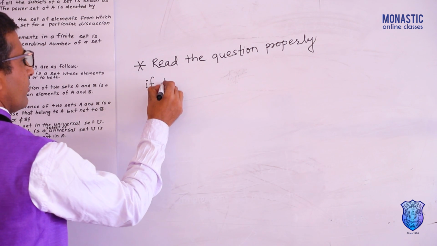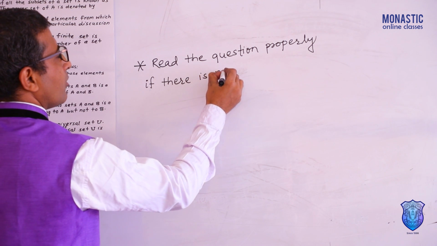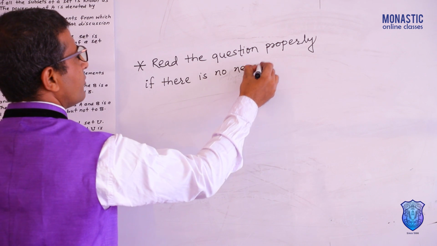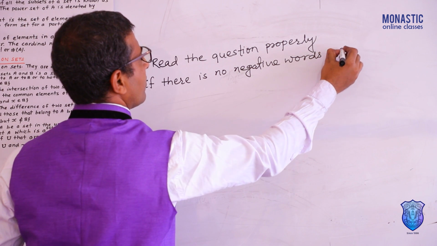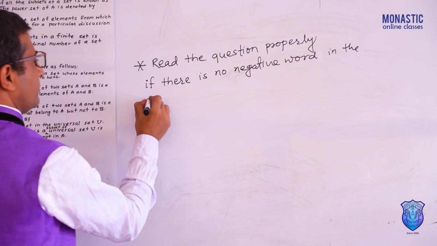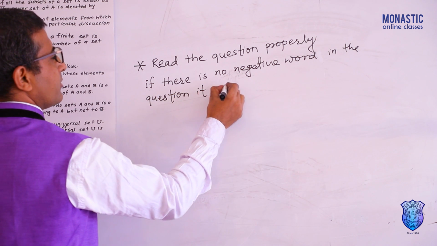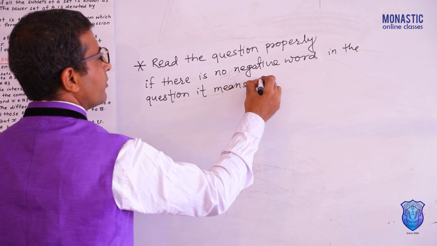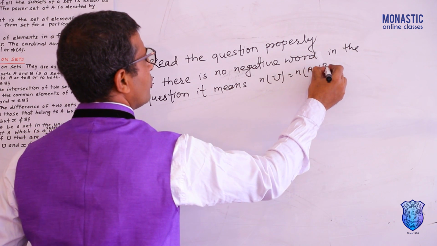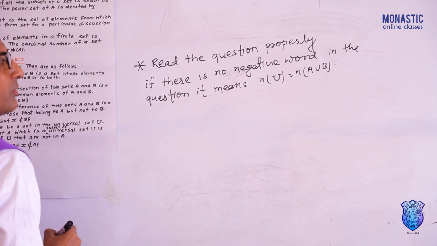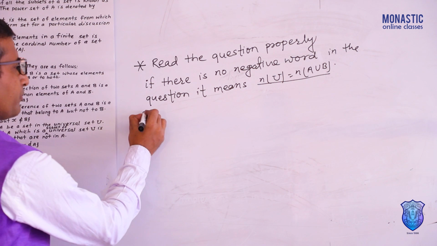If there are no negative words in the question, it means universal is equal to union. In that question, universal and union will be the same.